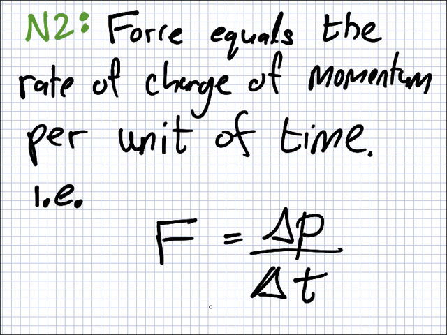Okay, please make sure you have that definition carefully written down. You will appreciate that for a physics exam, this is a common physics exam question. What is Newton's second law? Classic question.